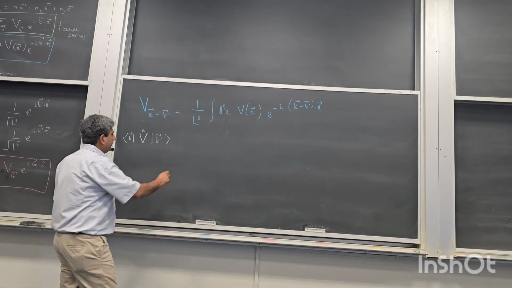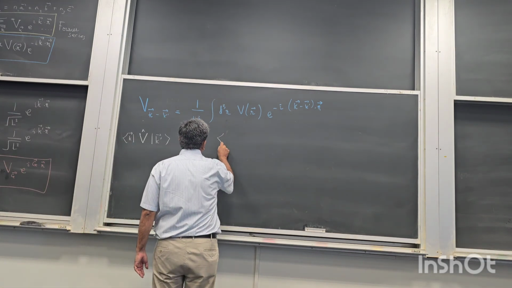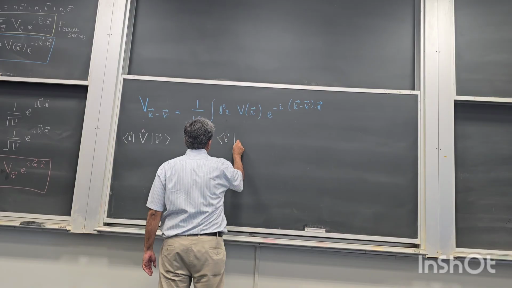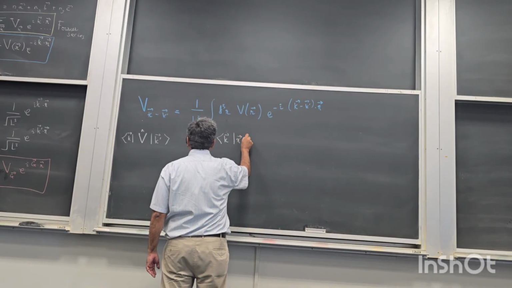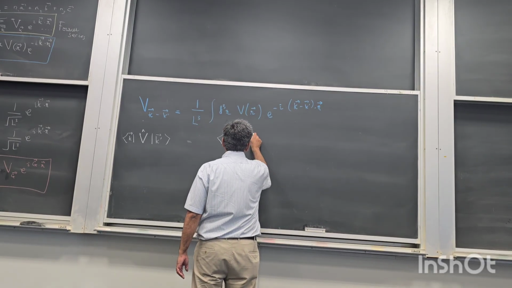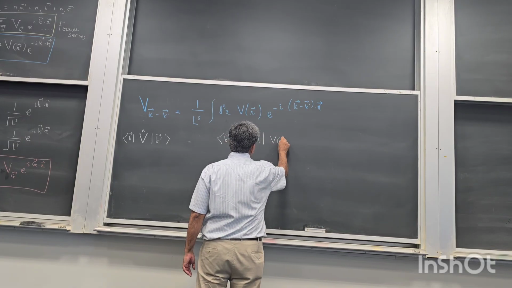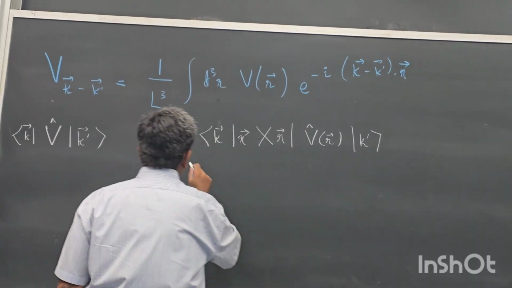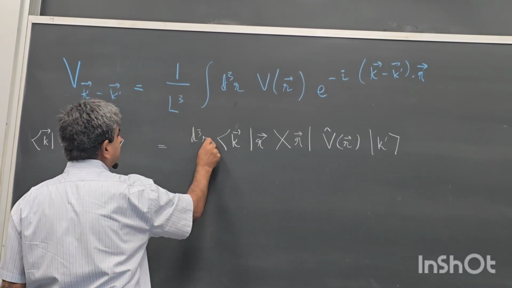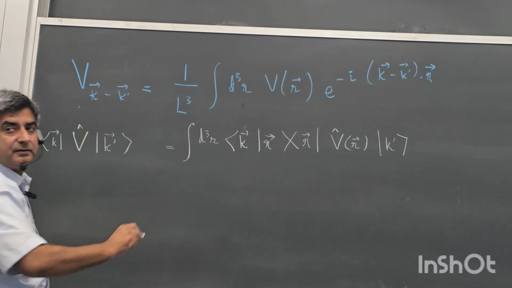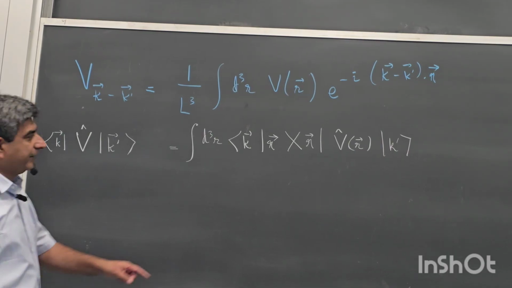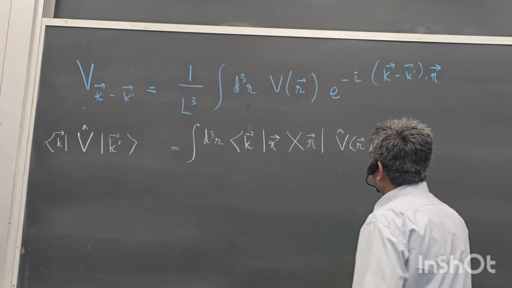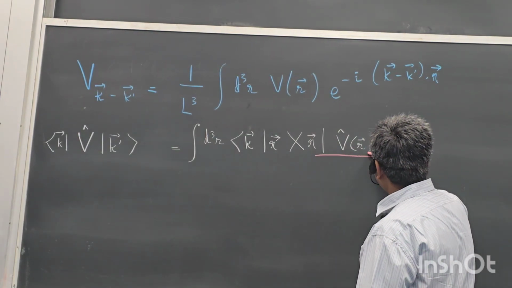This matrix element would be bra k, ket r, bra r, V, which is a function of r, ket k prime, summed over r's. Now this is a function only of r, so I can move this bra to the right.